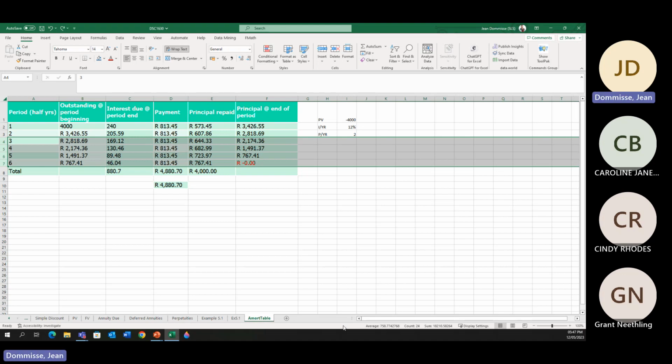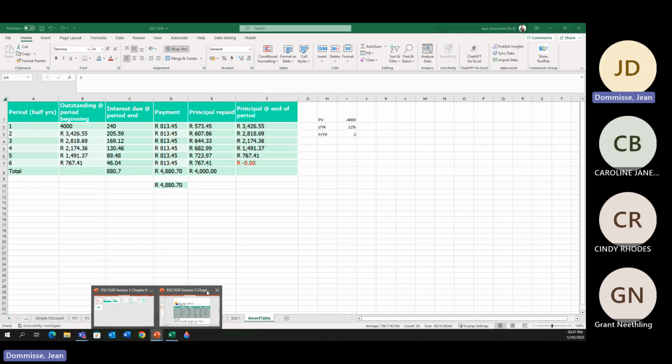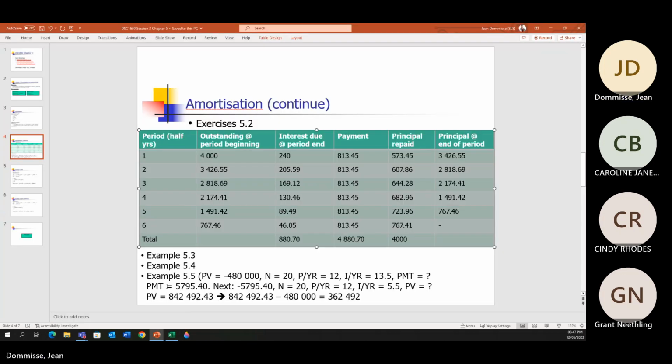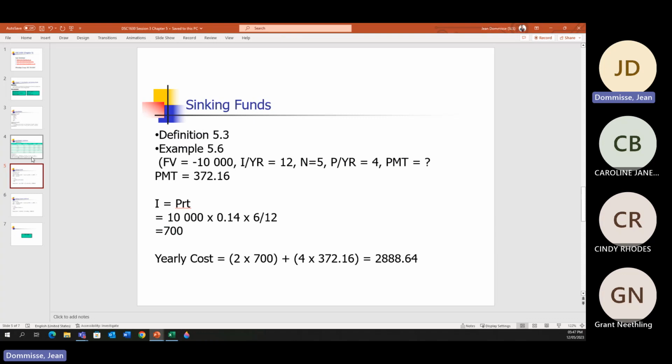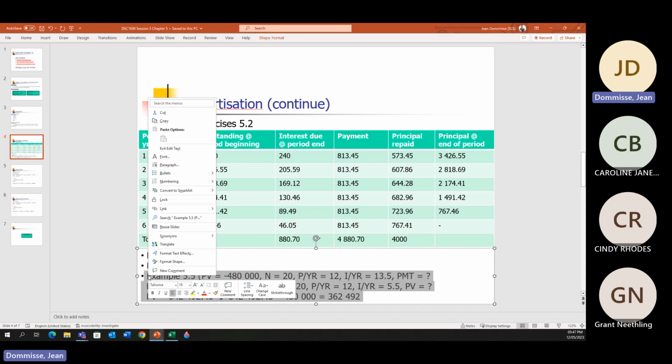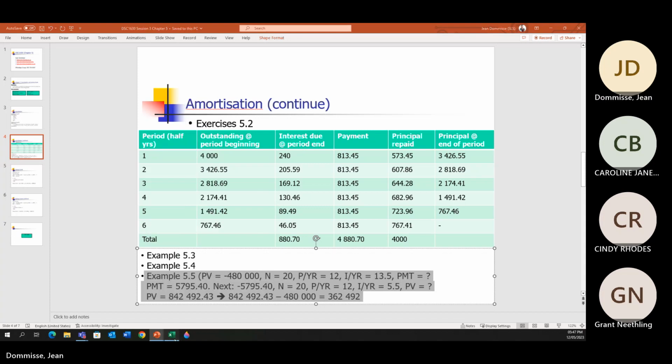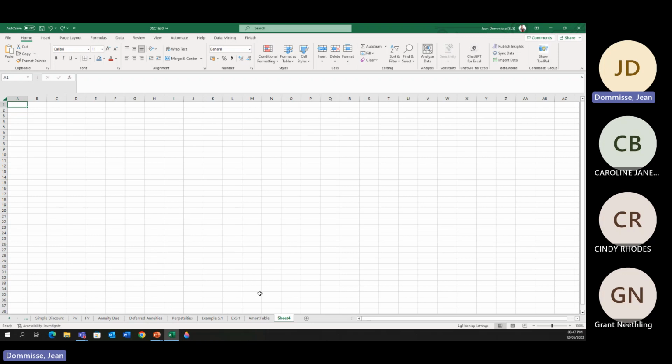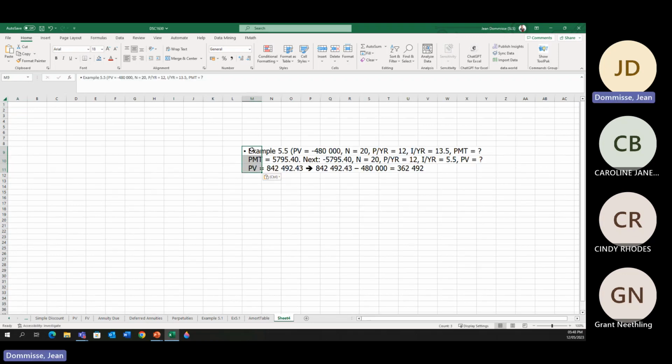Okay, so let's then look at the next one. So let's look at an example again. So example 5.5, where we're also looking at some of the information. Let's look at what we need to do, and then we can get into sinking funds. So I just want to copy that out so that I have some of the information at hand.